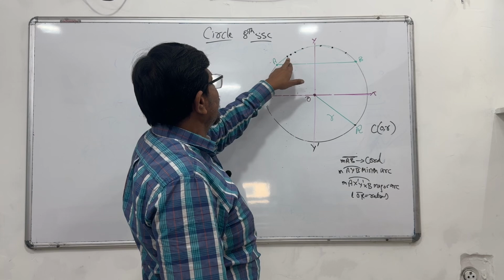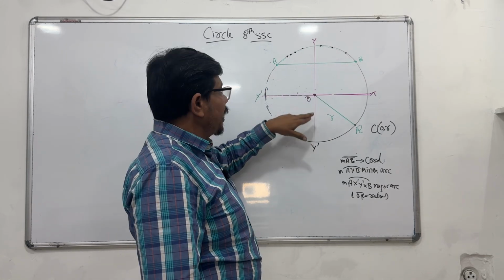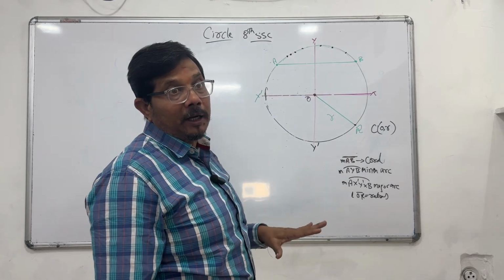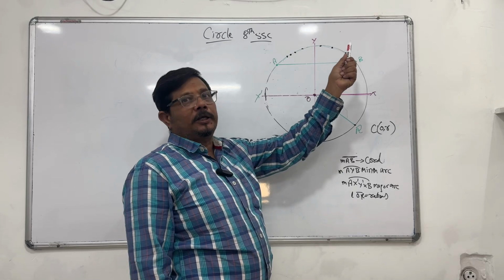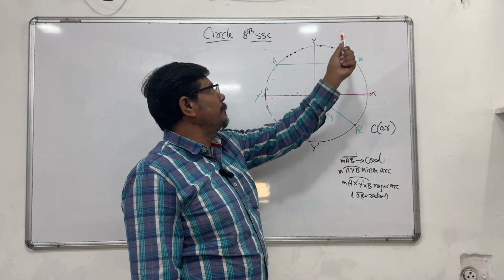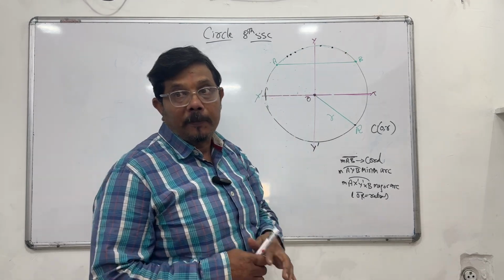Now here, infinite number of points or loci of the points equidistant from a fixed point in a plane. You need to write in a plane because the point can be anywhere. This point is here also. If this distance is 10 centimeter, you can make 10 centimeter distance anywhere, but it should be in a plane.